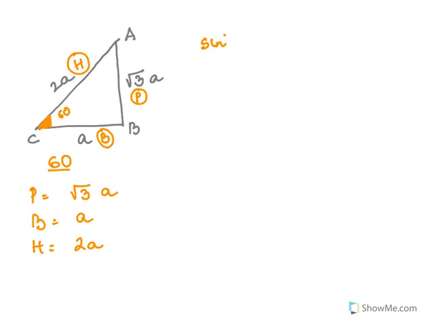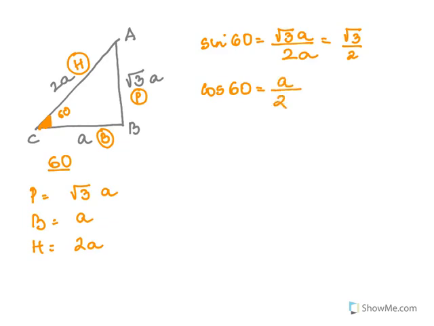So if I'm finding sine 60, it's perpendicular over hypotenuse. So perpendicular is root 3a, hypotenuse 2a. So that will be root 3 by 2. If I want to find cos 60, it is base over hypotenuse. Base is a, hypotenuse 2a. So 1 by 2. If I want to find tan 60, perpendicular over base. Perpendicular root 3a, base a.